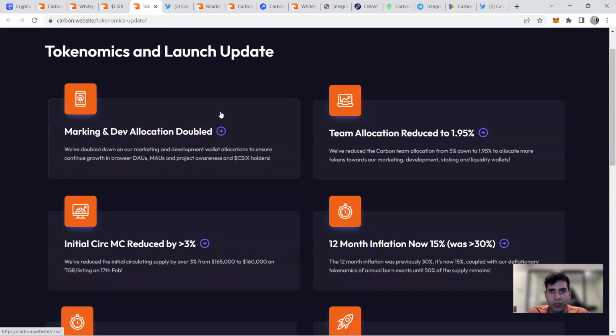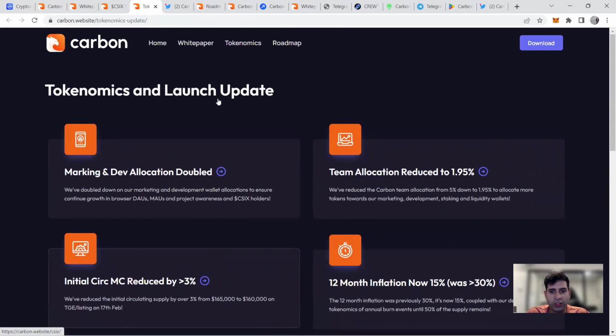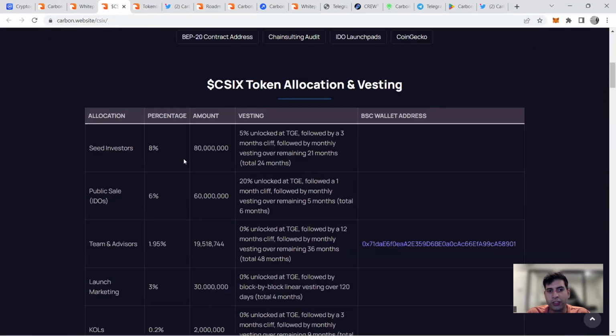Maybe not in this space. If I'm not mistaken, the seed investors purchased the token at a valuation of 7.5 million, so 0.0075. It was less, but they brought it up a bit to make sure it's fair to the public sale as well.